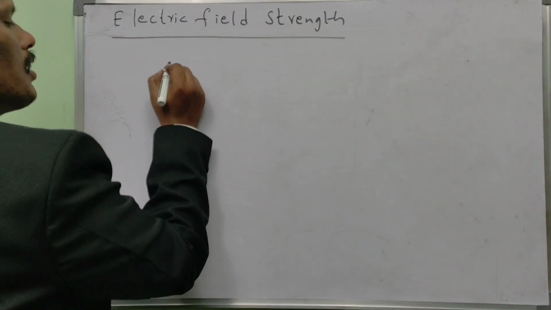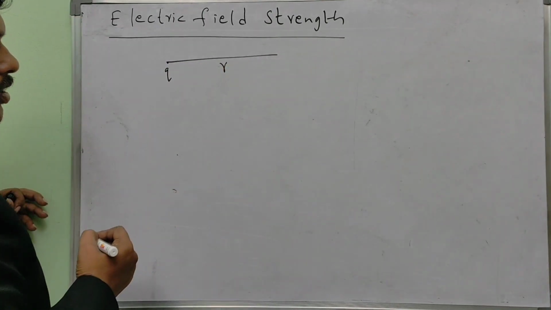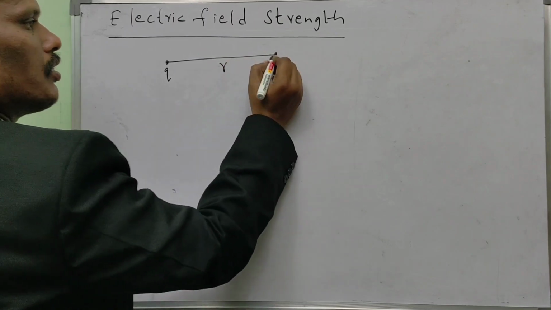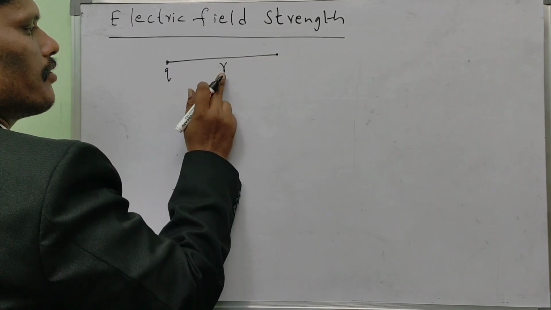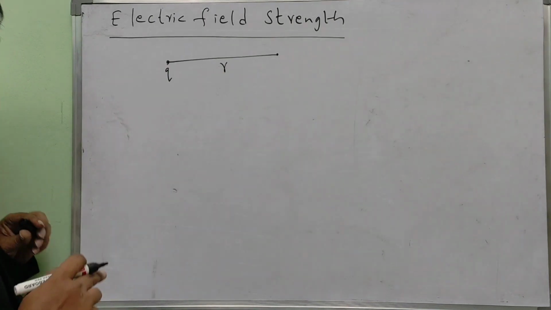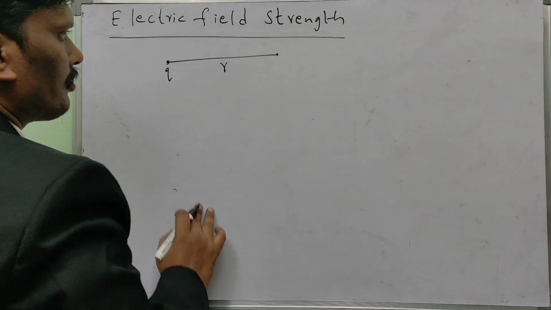Suppose I consider a point charge and a point at a distance r. What is the meaning of point charge here? Compared to the size of the charge, the distance from the charge is very large. At that time we call it a point charge.